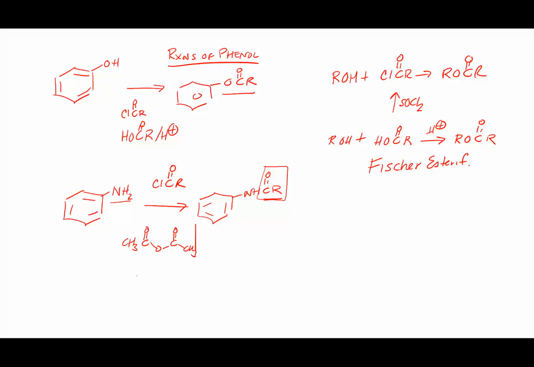We used a combination of acetic anhydride, and I also believe sodium acetate, to put the CH3 group on the nitrogen. We'll talk about the acetic anhydride reaction a little bit later. So that's going to be the most efficient way to do this reaction for the moment. So we can convert OH groups and NH groups to their corresponding esters and amides on the benzene ring.